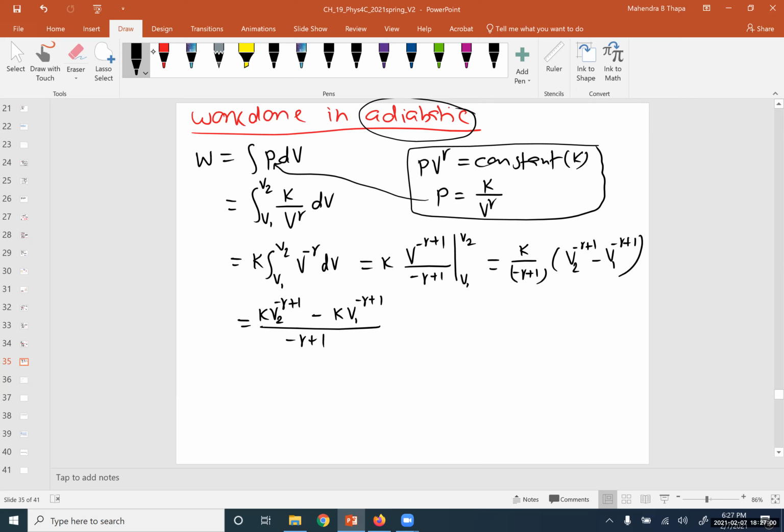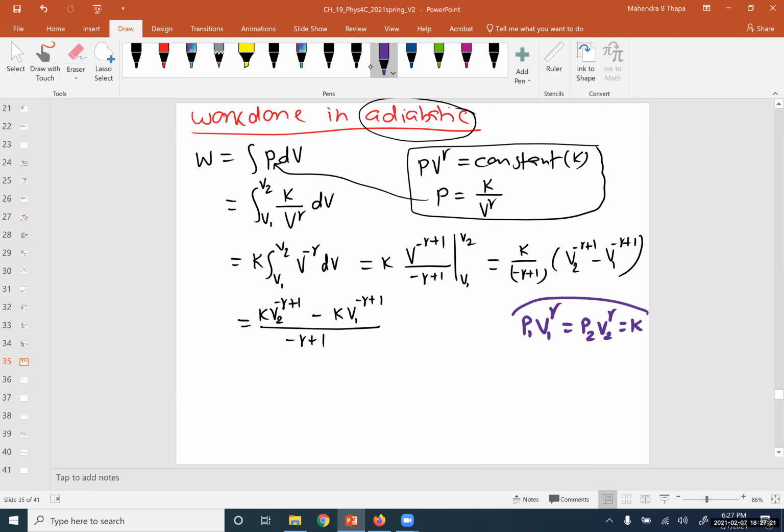So we can play a little bit. So you know, in the adiabatic, P1 V1 to the gamma equals P2 V2 to the gamma equals a constant. Okay, so we can replace this K and this K by that.